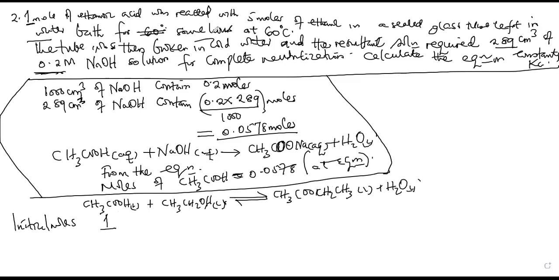Then moles of ethanol, they said 5, so 5. But initially we have not formed ethyl ethanoate, we've not formed water. Then it is here that we go to moles reacted or formed.